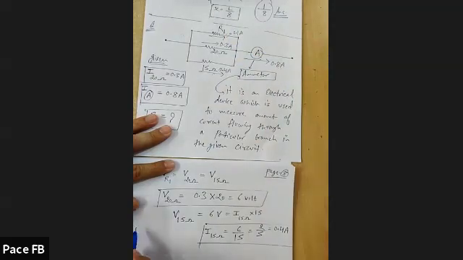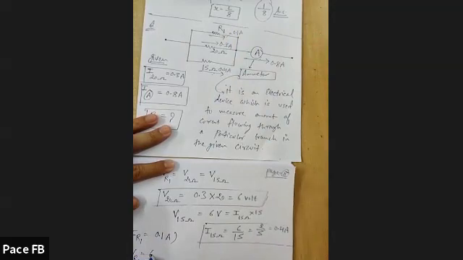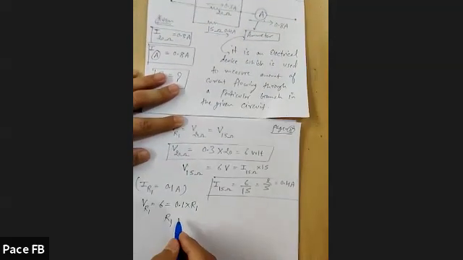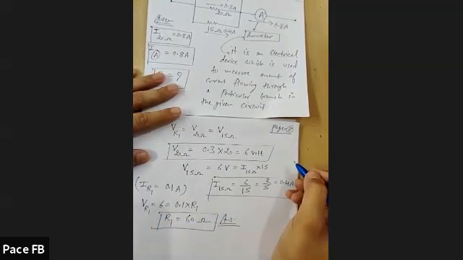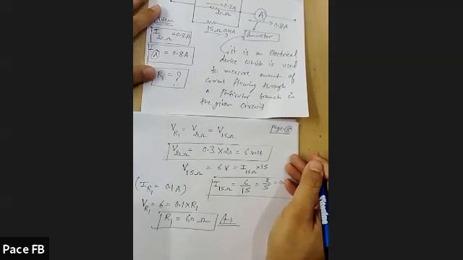The potential difference across R1 is 6 volt, which is equal to I multiplied by resistance R1. So R1 comes out to be 60 ohm. This would be the answer.